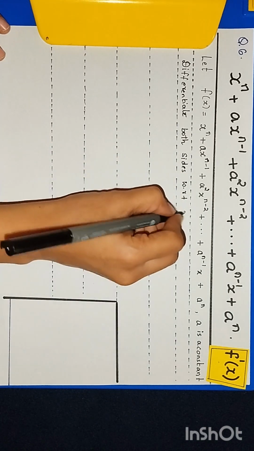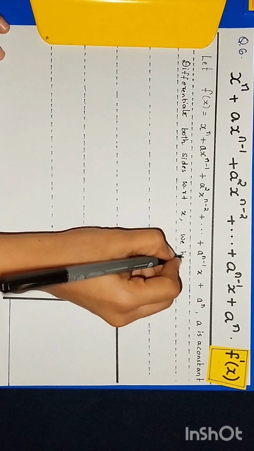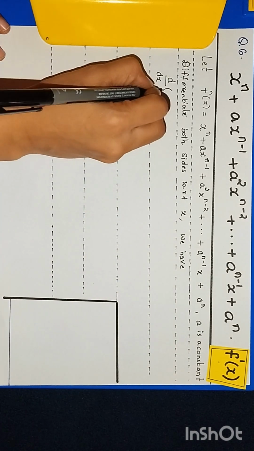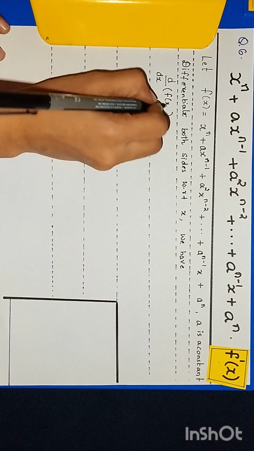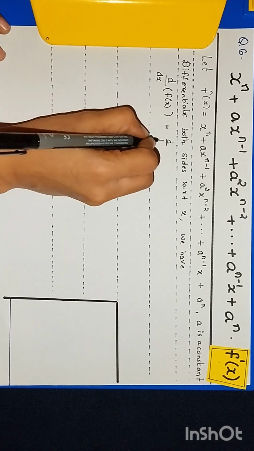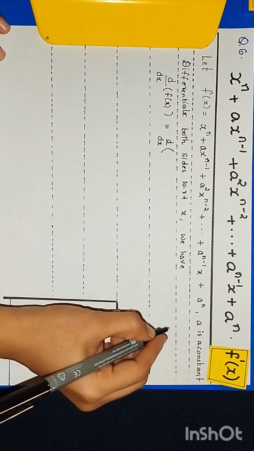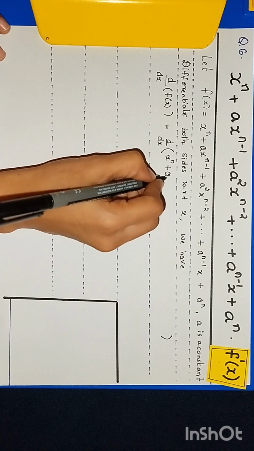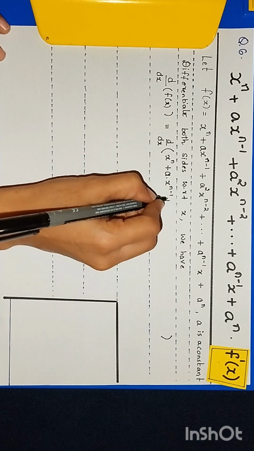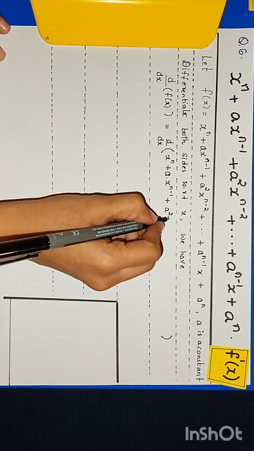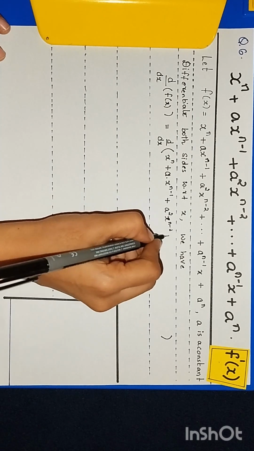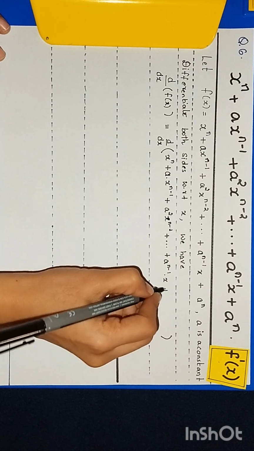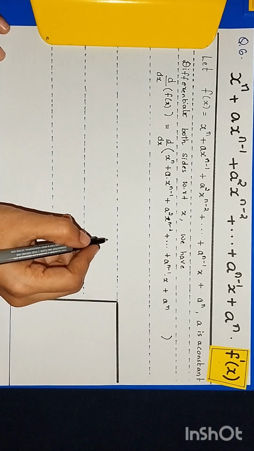with respect to x. We will write d by dx of f of x is equal to d by dx of the function, that is x power n plus a into x power n minus 1 plus a square x to the power n minus 2 plus a to the power n minus 1 x plus a to the power n.